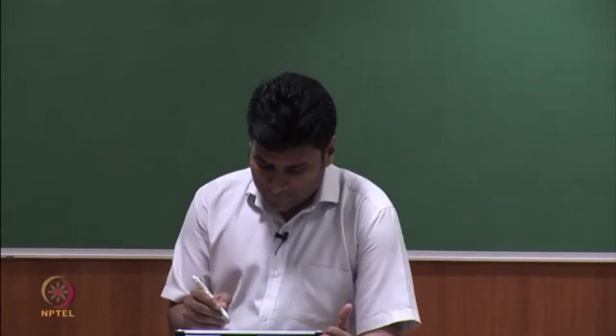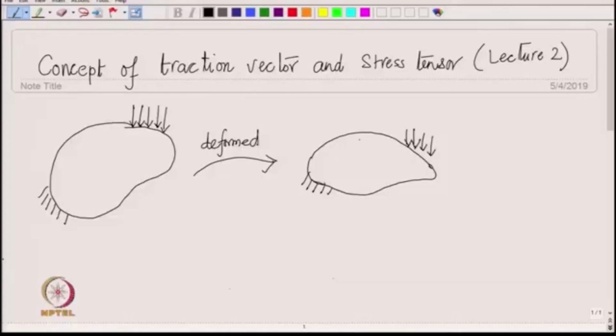If you, for example, take a section of the body, divide the body into two parts by taking a section. Suppose I draw this section, and it is an internal section. You cannot see this section, that is why it is a dashed line.